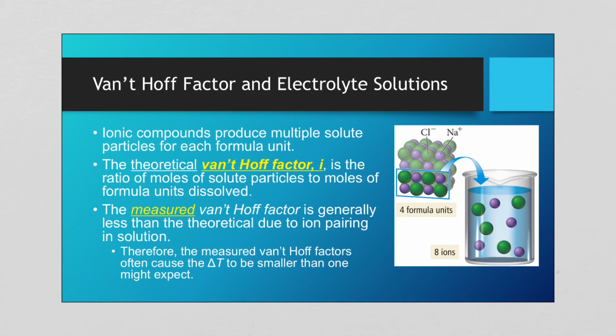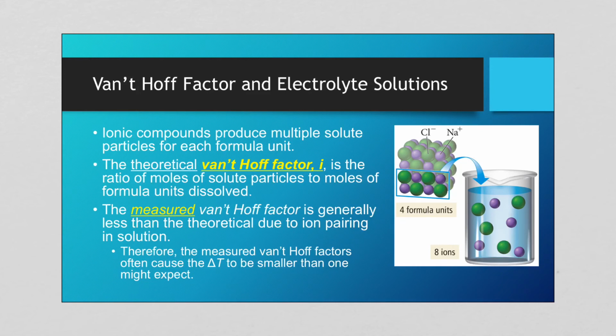This is done by using something called the Van 't Hoff factor, which is represented by a script lowercase i. Most often, we will use what's called the theoretical Van 't Hoff factor, which is basically just the number of ions that an ionic compound will generate.